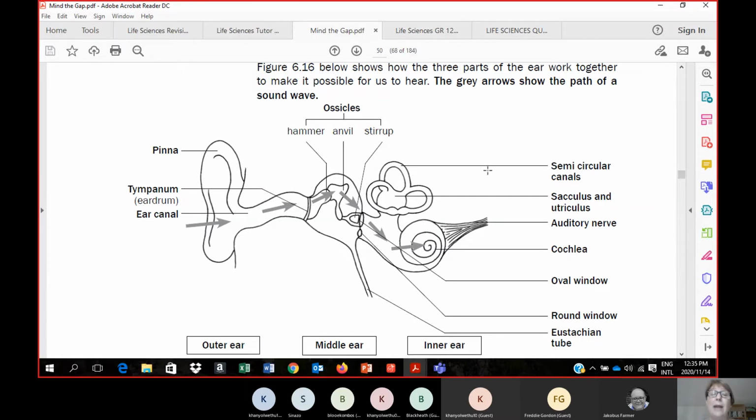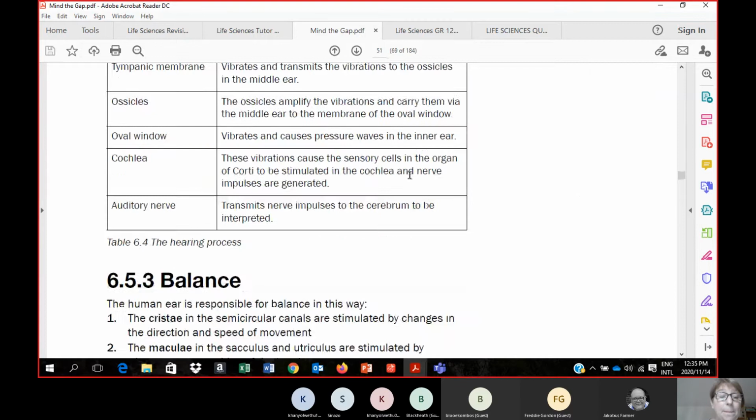And even as you're sitting on your chair right now, you are having to balance on that chair and you're not supposed to topple over. So again, there are various muscles in your body involved, but also these little cristae and maculae.